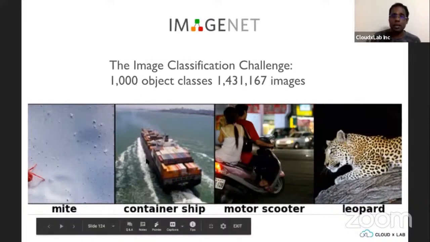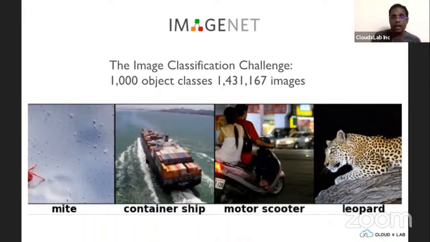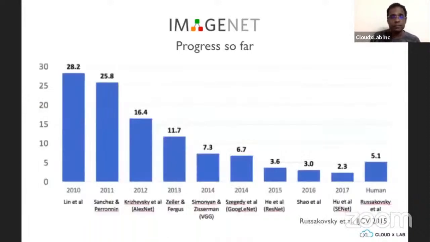The challenge was, can you create a model that can identify these really fast? It's estimated that for a similar data set, a human would have an error percentage of 5.1%.